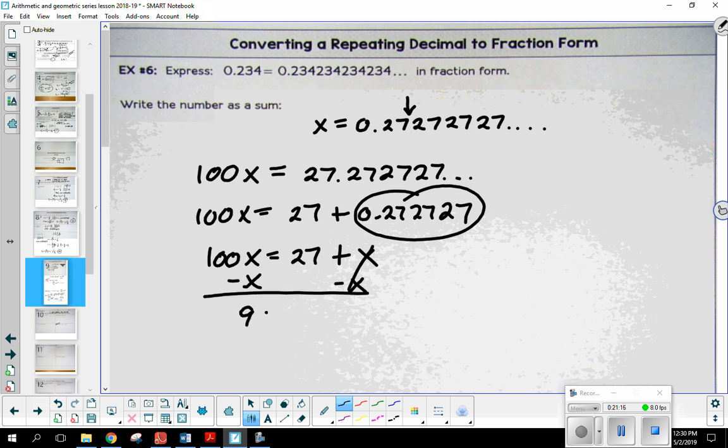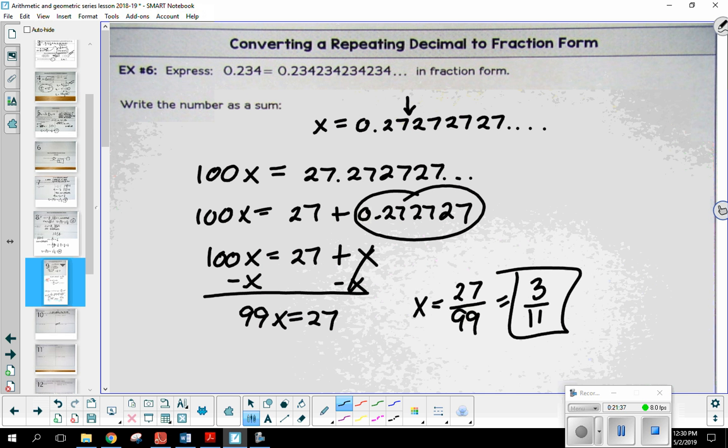So 99x is equal to 27. So what does x equal? 27/99. And that simplifies to 3/11. That fraction should have the same value as that infinite decimal.